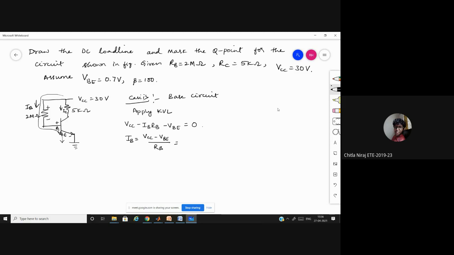Sir, mega is 10 power 6, right? Yeah, mega is 10 power 6. Sir, you got 14.65 microamps.